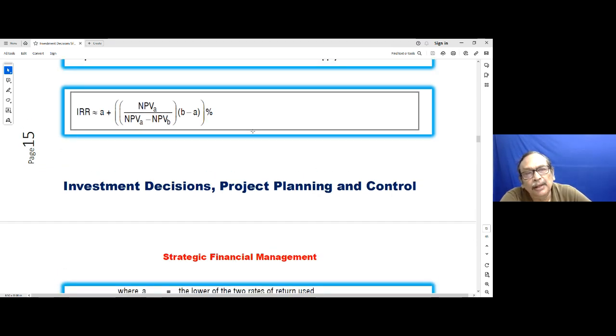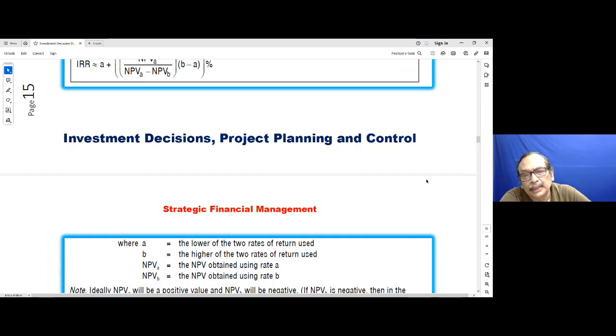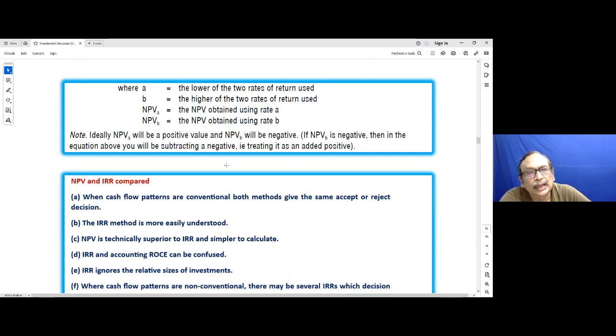That is NPV of A divided by NPV of A minus NPV of B, multiplied by B minus A. If NPV B is negative, then in the formula you will be subtracting a negative, minus minus, so it will be a positive one.